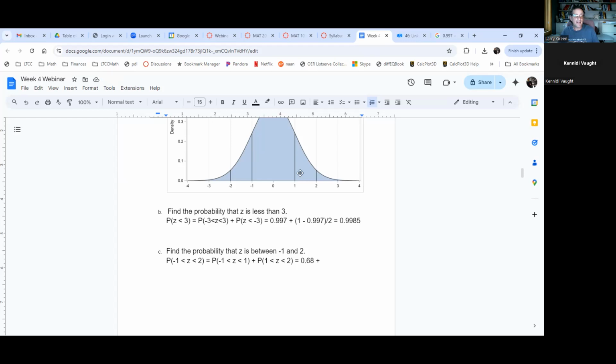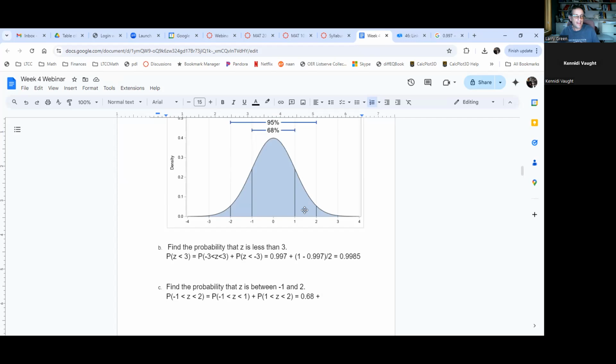That's this stuff right here. So the idea here is if I want this stuff, what I can do is take between -2 and 2 and subtract between -1 and 1. And that will give me this piece here to the left between -2 and -1, and the piece between 1 and 2, but that gives me twice as much as what I want. So then I got to divide by 2.